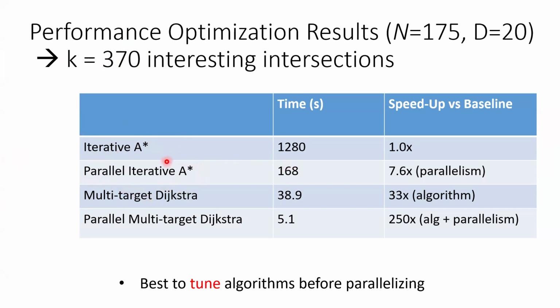Parallel iterative A star, just parallelizing the A star, gets 7.6x by parallelism. If we change iterative A star to multi-target, multi-destination Dijkstra, we can achieve algorithm speedup of 33x. And if we parallelize that, we can get 250x of gain. That's algorithm plus parallelism.